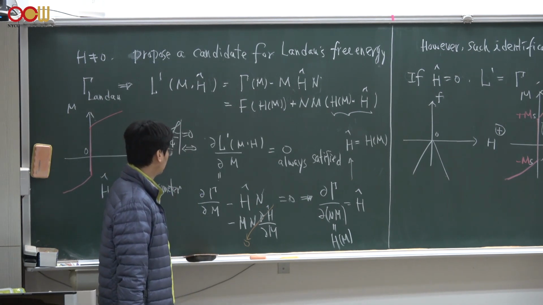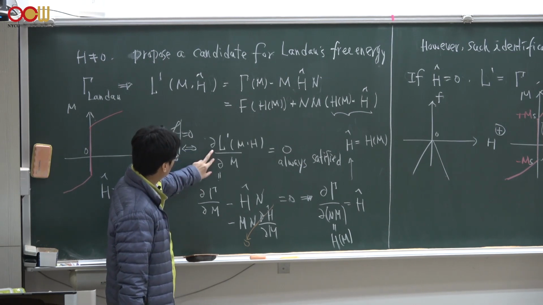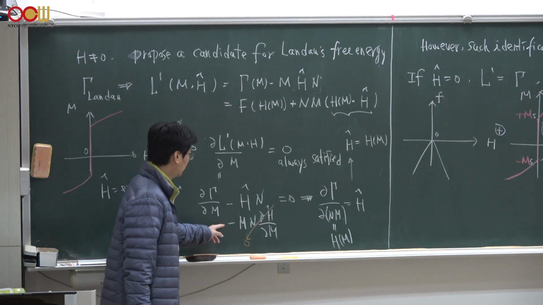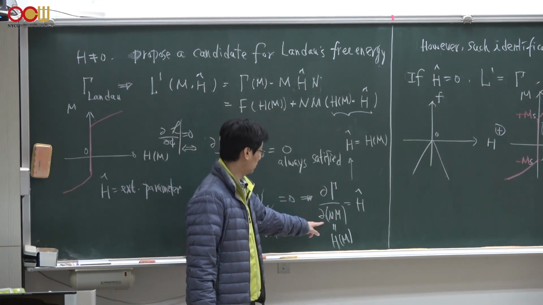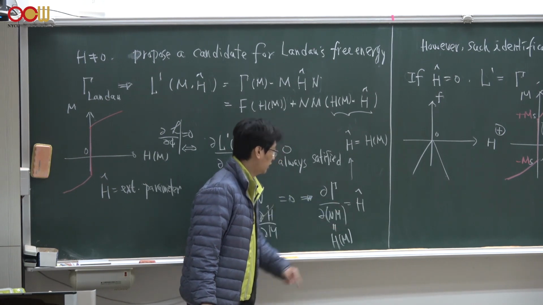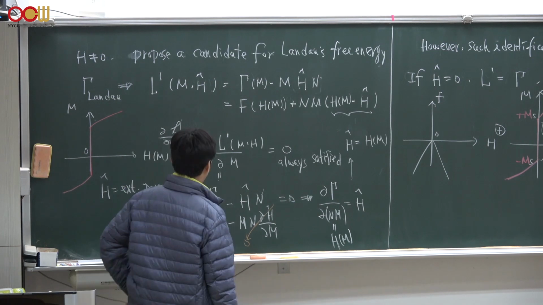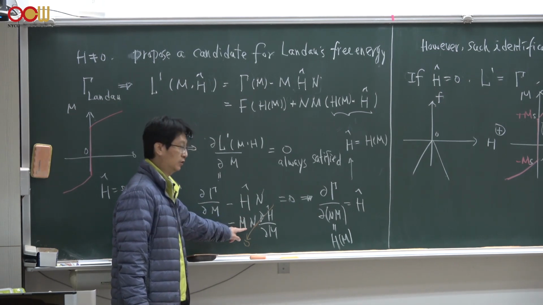Okay, the way that we could do such an identification is that if we expand this partial derivative of L prime with respect to m, we could easily find this identity which allows us to identify h hat as simply the external field, because we could see that the last term of this partial derivative vanishes.